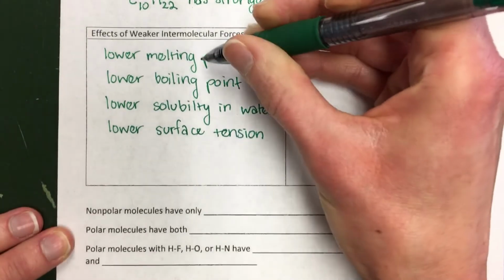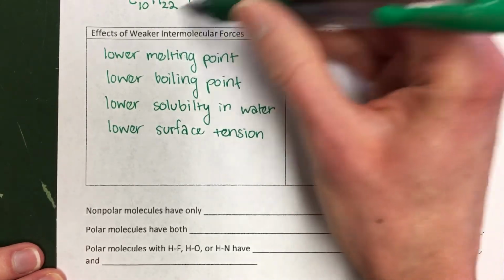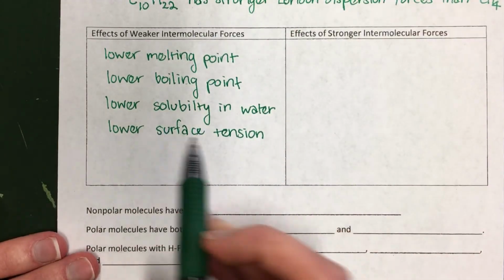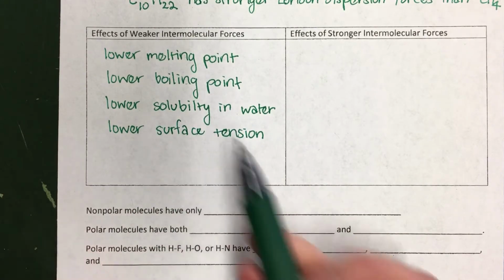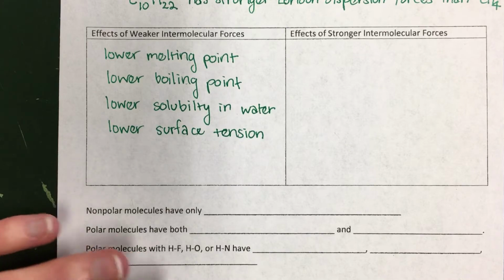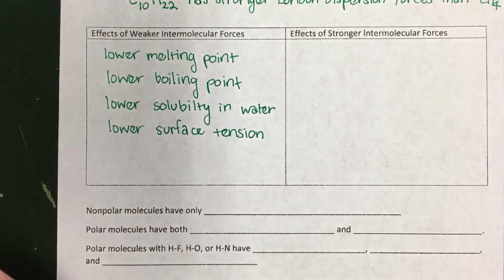So again, gases have low melting and boiling points because they only have London dispersion forces that are really weak. Oil doesn't have very much surface tension because it only has London dispersion forces. But it's a bigger molecule, so it's a liquid at least, but still low surface tension compared to water.